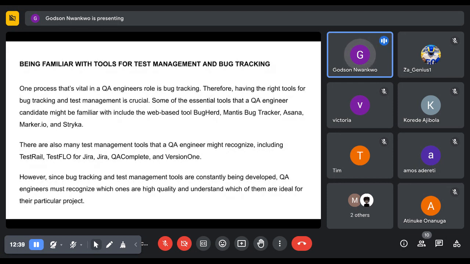At least these are a few tools that you can use to track bugs in any software you're working on, and being familiar with these tools also helps you to manage your tests and all that.